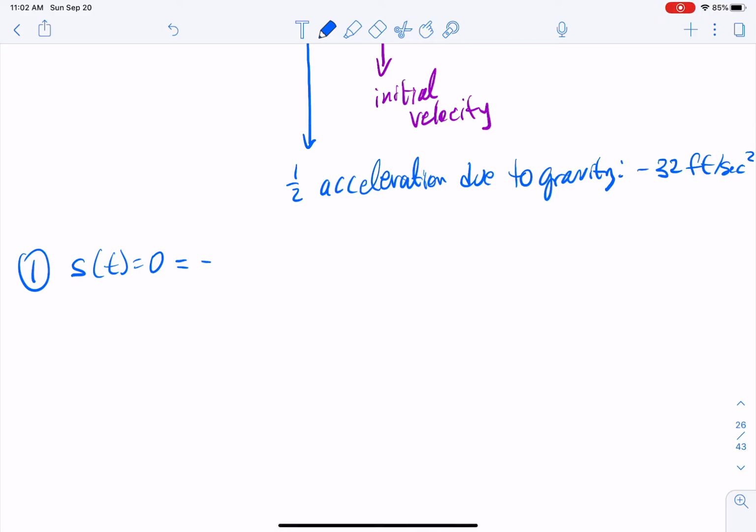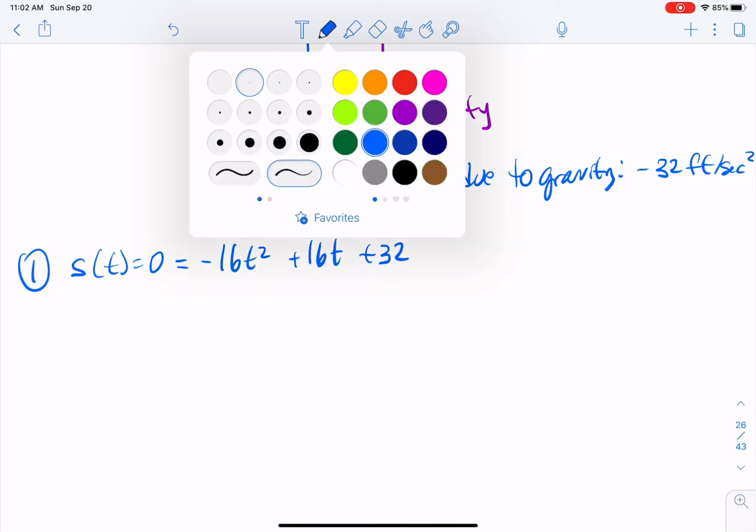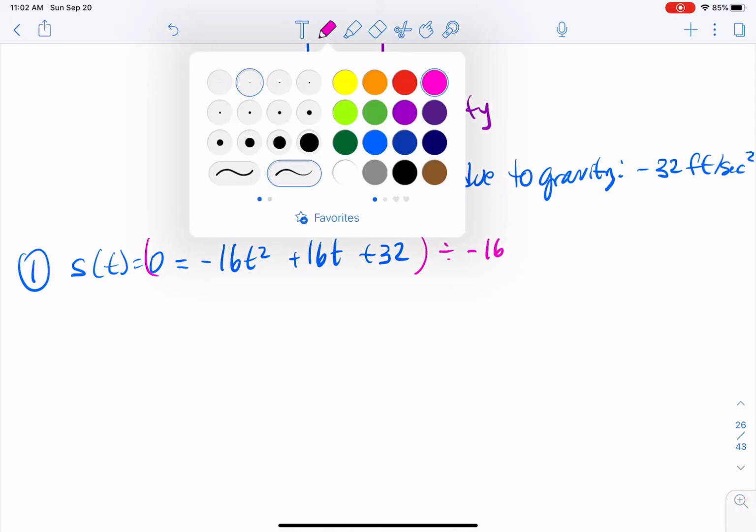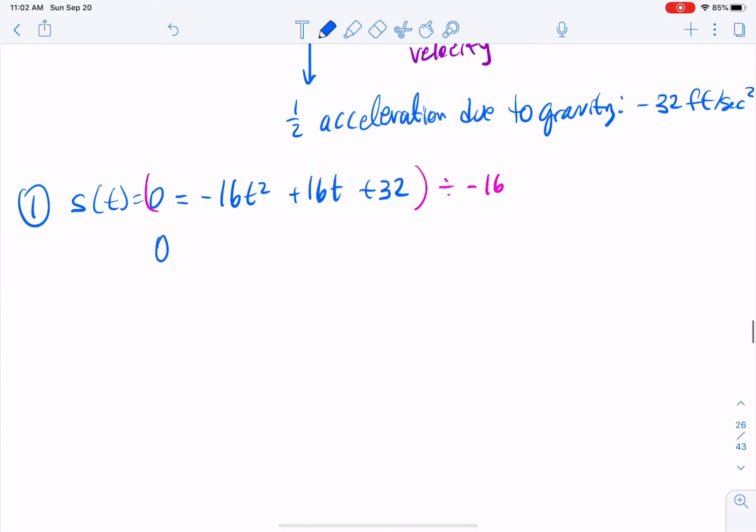So we're solving this quadratic. 0 is equal to negative 16t squared plus 16t plus 32. All right, so solving a quadratic, probably going to factor this thing. Before I do, let's make it a little bit easier on ourselves by dividing by negative 16. Everything is divisible by 16. The negative will help me get rid of that initial negative sign there.